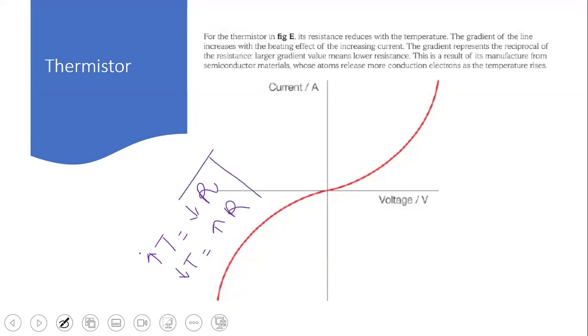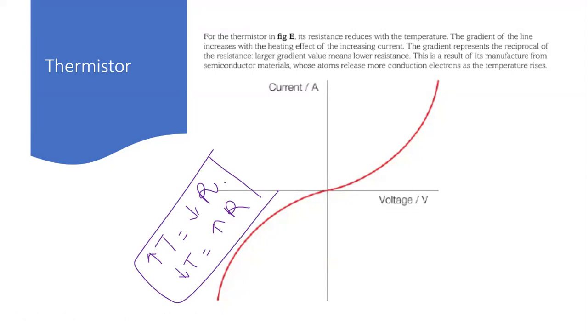This relationship is different from the one I taught you previously, and the reason is that the thermistor is made up of a semiconductor and not a conductor. Hence, it works on a different principle, and we will do semiconductors, so you'll understand that when we go over them.